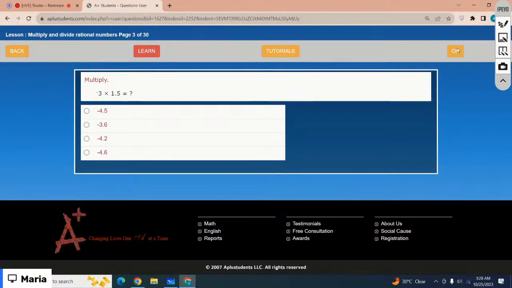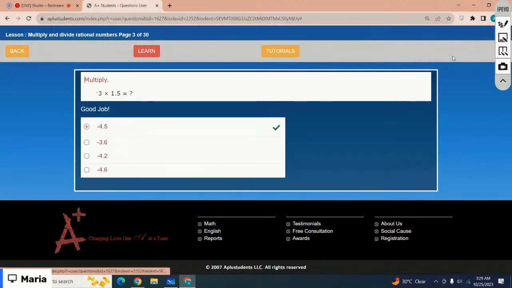So which is the correct option? The correct option is, very good, that would be negative 4.5. Option 1 is the correct option.